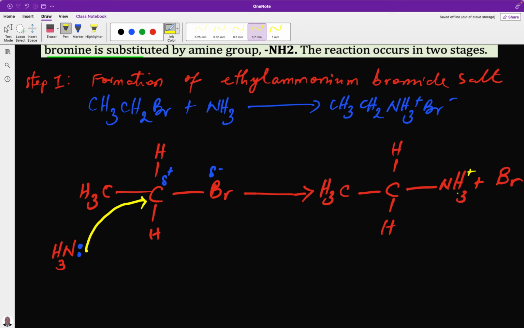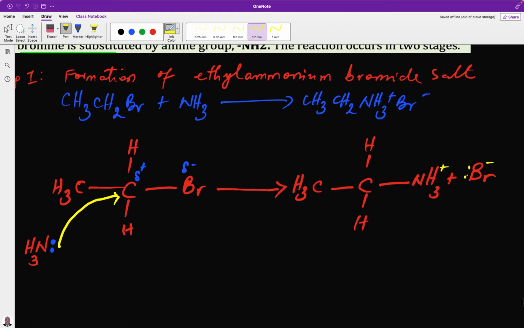The ammonia here has a positive charge. So that is the result of the attack.